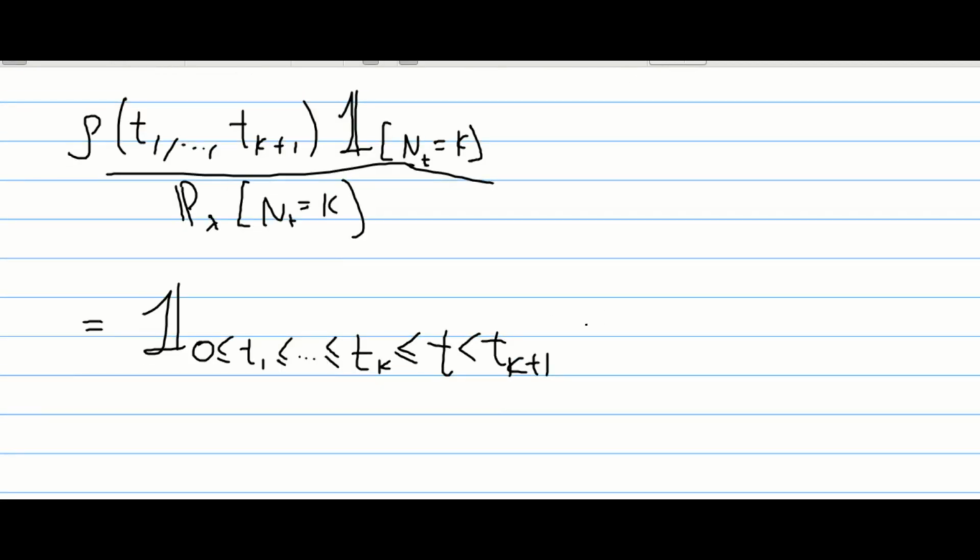Now we have to remember what the formula was. We had the lambda to the k, e to the minus lambda t_1, e to the minus lambda, so there are several of these until e to the minus lambda (t_{k+1} minus t_k).